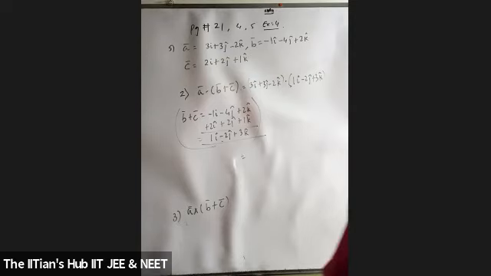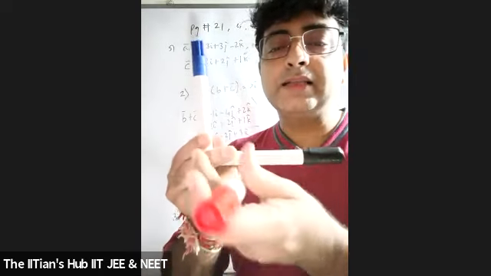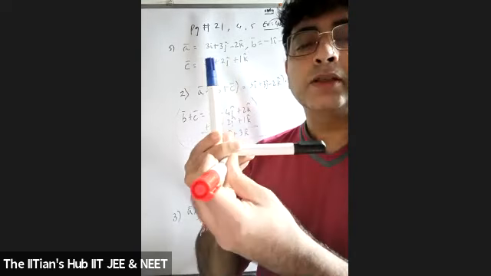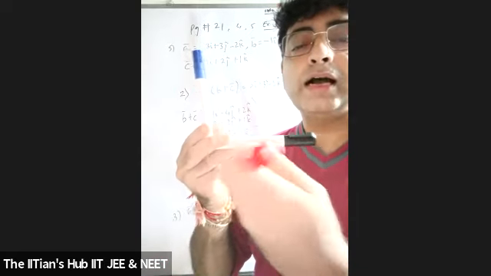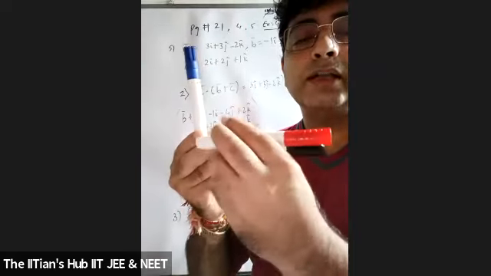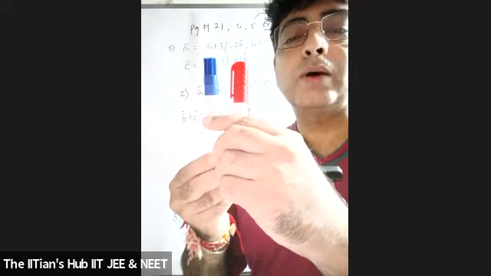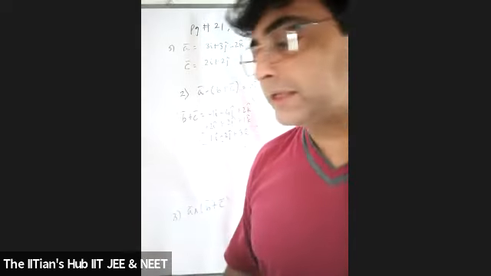Therefore, for vectors mutually perpendicular to each other, students, x-axis, y-axis and z-axis, listen carefully: i dot j is 0, i dot k is 0, j dot k is 0. But if they are parallel, it is 1. This is how you have to take care of it.